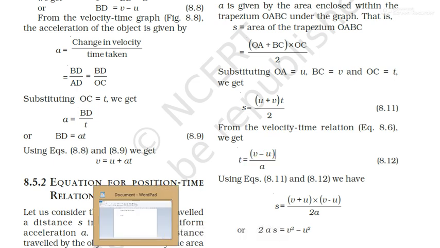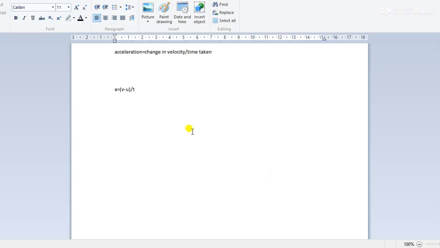And we know that students, A is equal to V minus U upon T. So by this equation we can write T is equal to V minus U upon A.